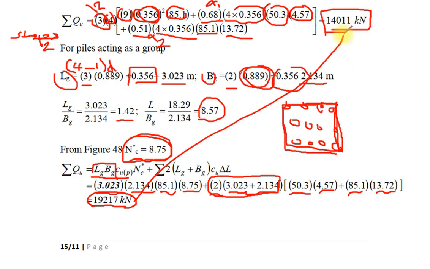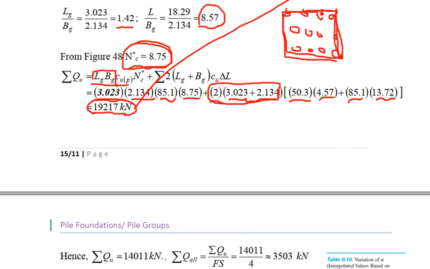We choose the lower value, which is the first one, 14. We can see that in these two previous examples, the lower value is obtained from the first step, from the method that's based on the bearing capacity of individual piles.